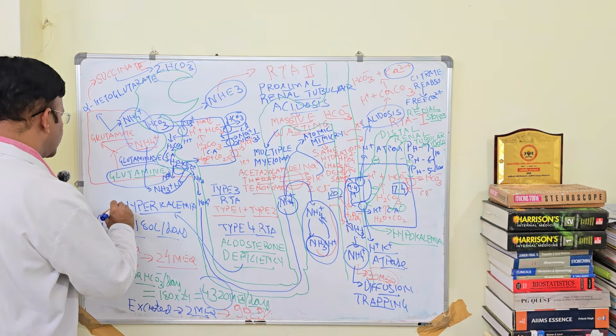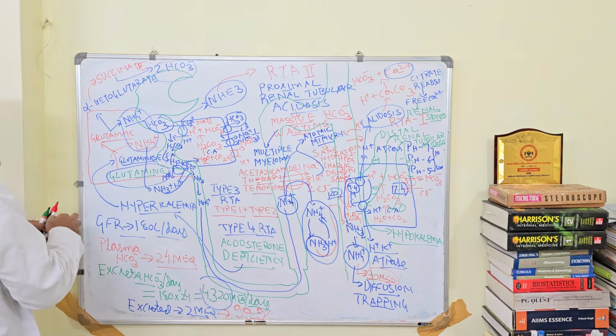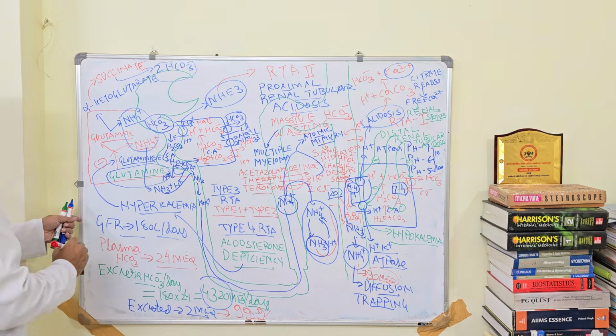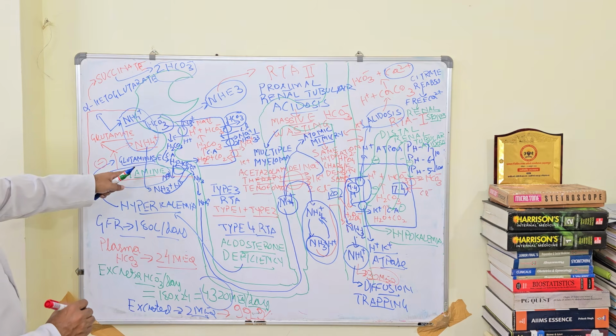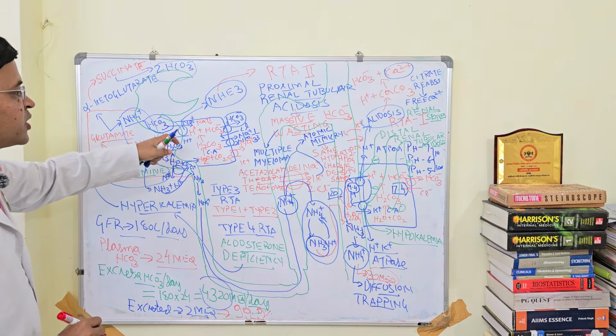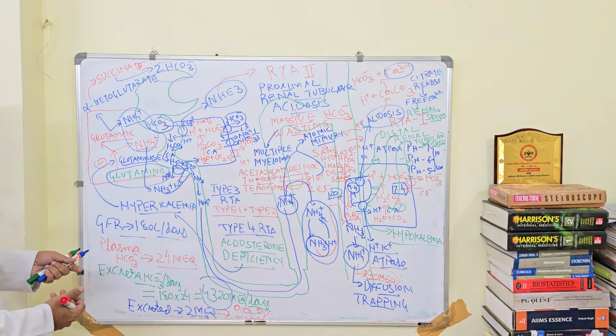And this hyperkalemia is going to inhibit your glutaminase, right? If the glutaminase is inhibited, NH4 plus won't be produced in adequate amount, so it is going to impede your H plus ion secretion, right?